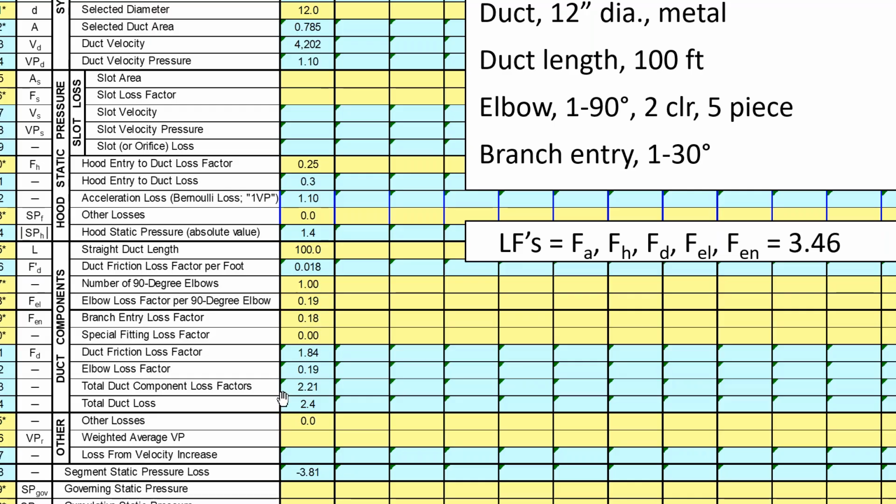Combining that with our hood loss of 1.4 inches of water gauge gives us a duct segment loss of 3.81 inches of water gauge. Again, you can see on our loss factors, the cumulative loss factors F sub D, F sub L, F sub N is 2.21. We add our 1 for our F sub A, that's 3.21, plus our 0.25, which is this guy right here, and that sums up to our 3.46.